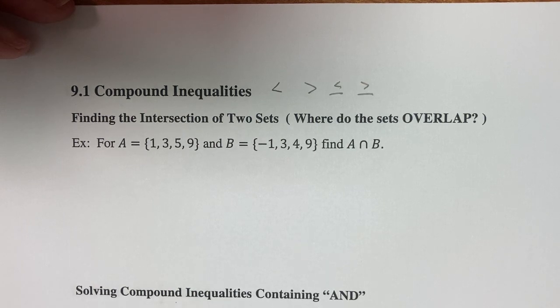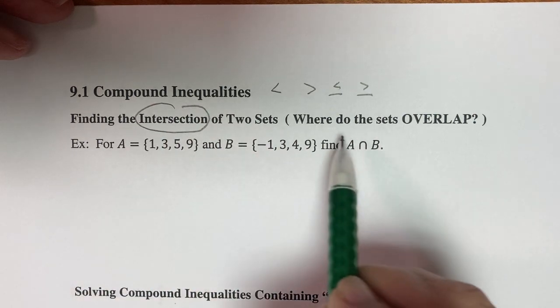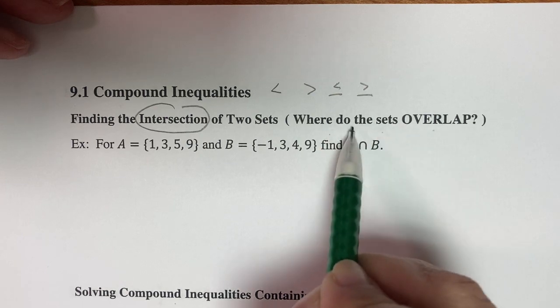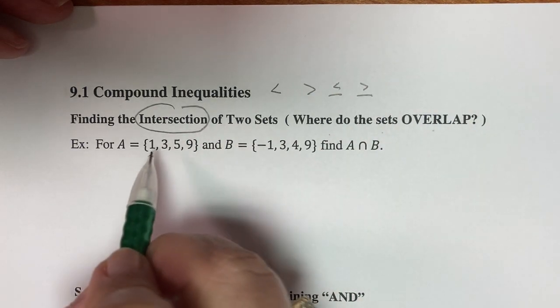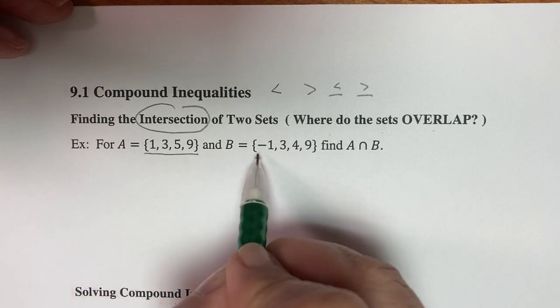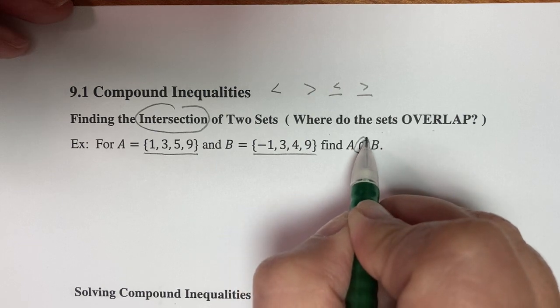But before we do that, let's talk about finding the intersection of two sets. Intersection means where the sets overlap. The intersection is where they overlap. So if we look at the set of numbers A, 1, 3, 5, 9, and the set of numbers B, this symbol right here means intersection.